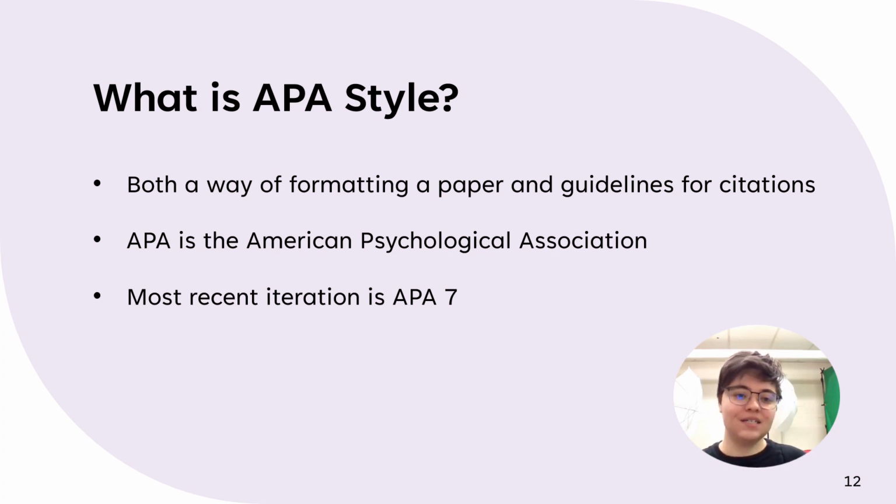You will often see APA 7 or APA 6, especially if you're looking at citation generators. The number, that 6 or that 7, refers to the edition of the APA style manual that is being used. The newest edition is APA 7, and so all of your citations should use those APA 7 guidelines.